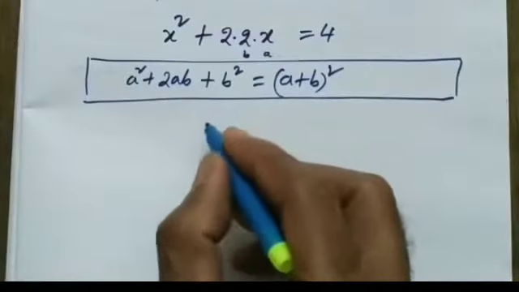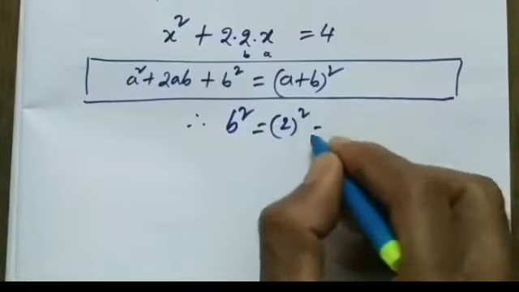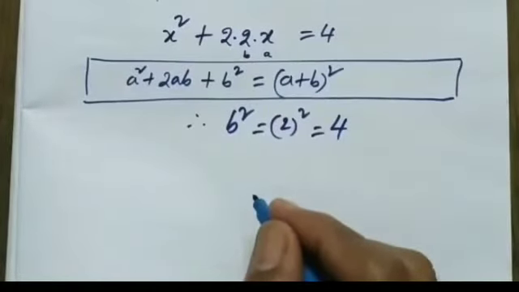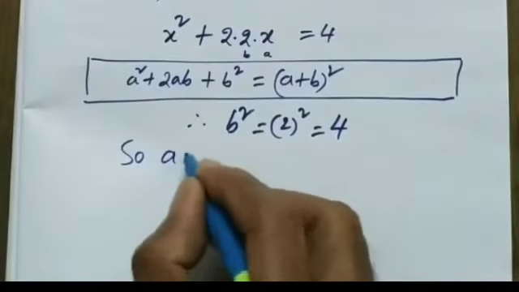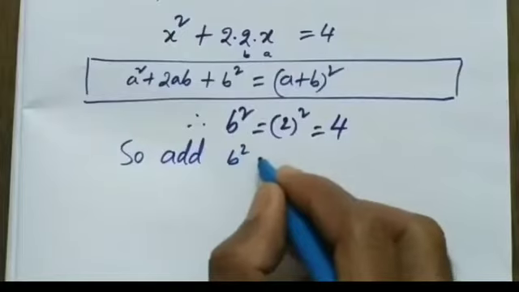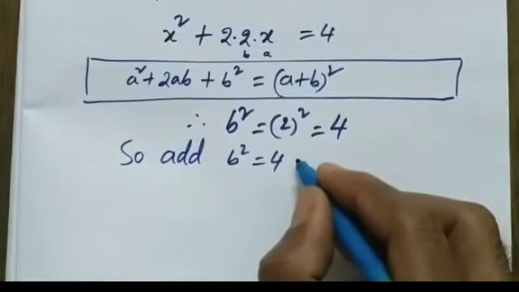So we have a squared plus 2ab, but no b squared. So we have to add b squared on both sides. b equal to 2, b squared equal to 2 squared equal to 4. So adding b squared, that is 4, on both sides.